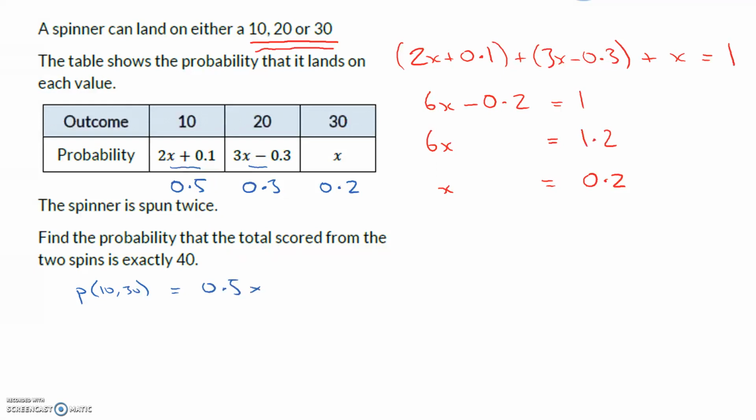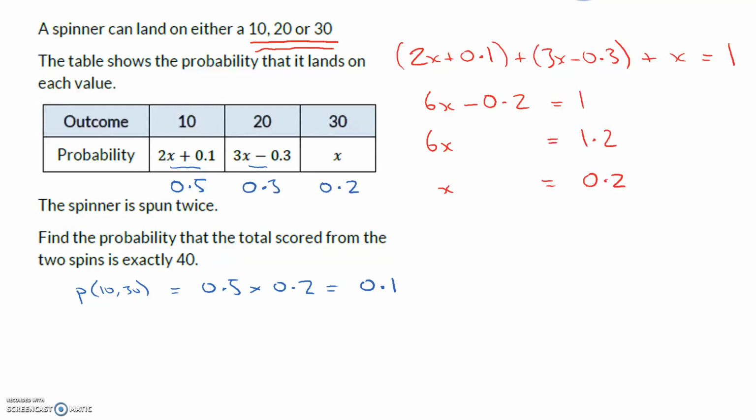This is our AND rule, we're going to multiply, so we want 0.5 times 0.2. 2 5s are 10. We want 2 digits after the decimal point. We want 0.10, if you like.